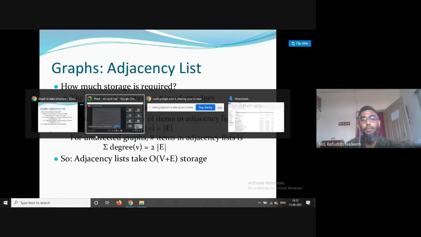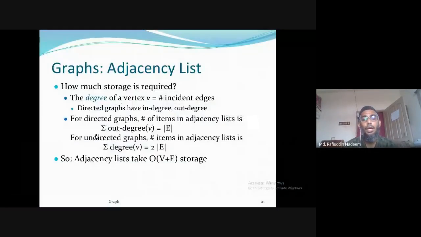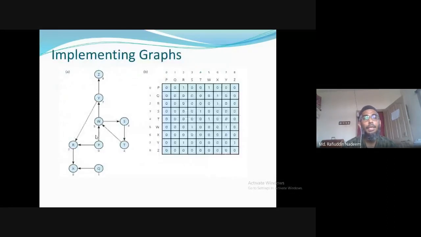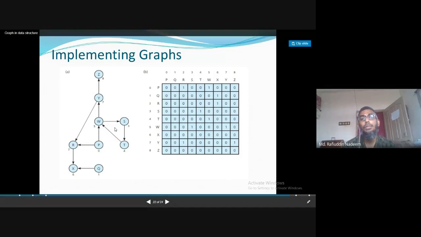Next, this is the implementation of a graph. Another graph is given. Here the order is mentioned as 0, P, Q, and the numbers are given in the matrix.